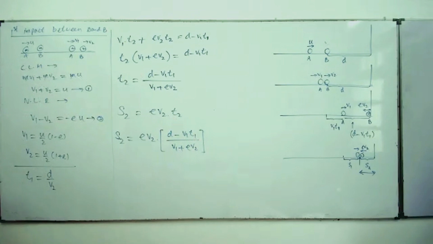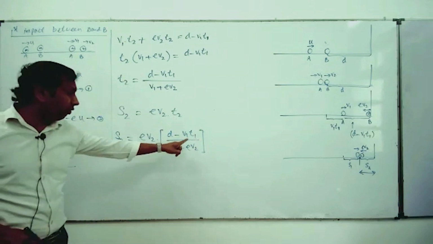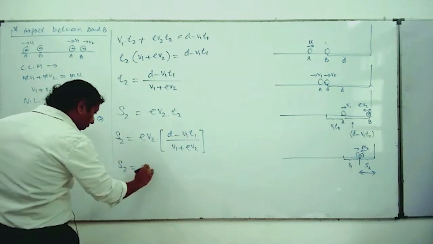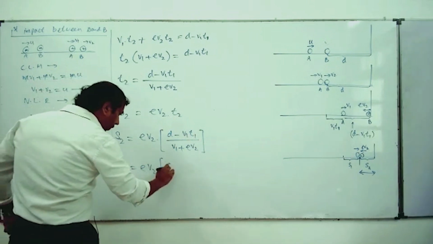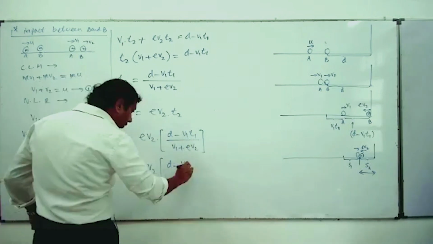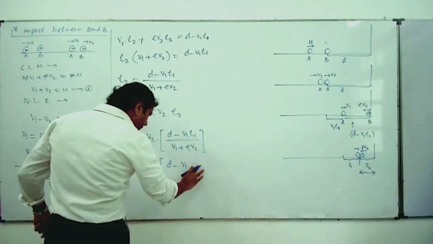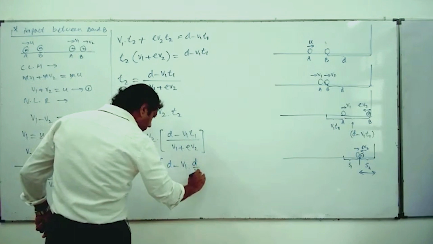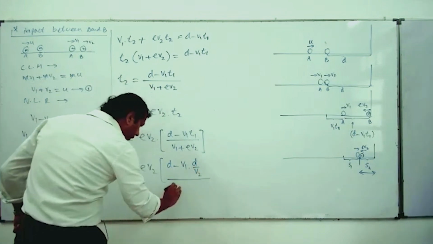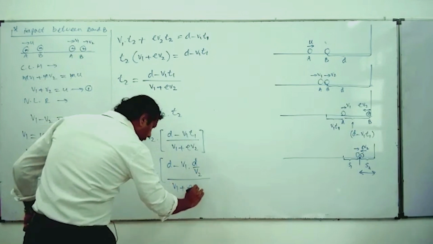Now we can substitute for this T1. EV2 times D minus V1 T1, where T1 means D over V2, and here V1 plus EV2.